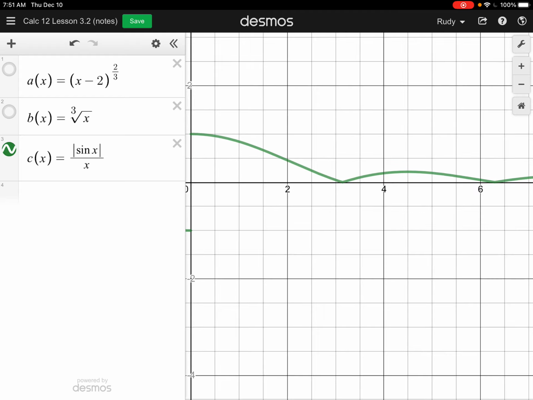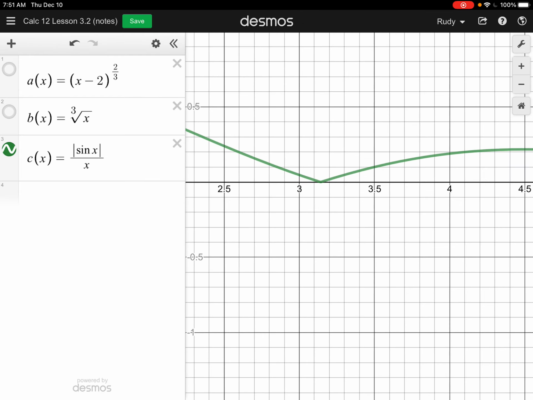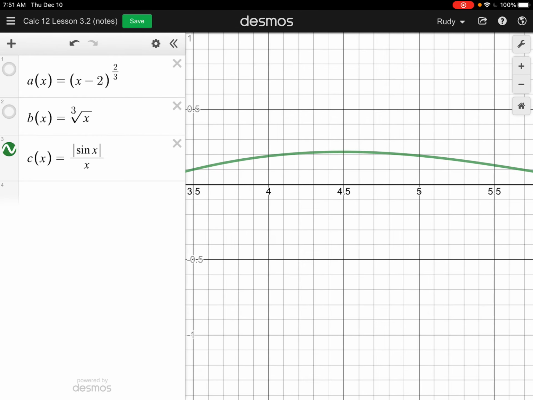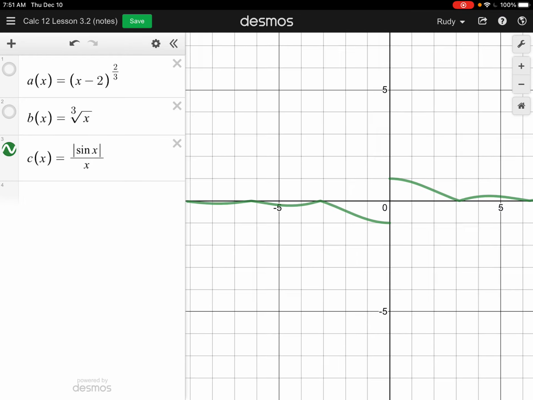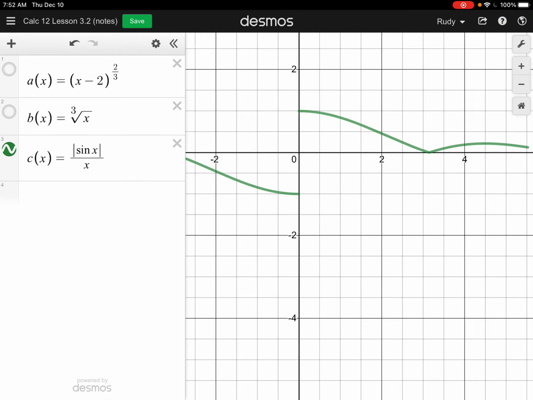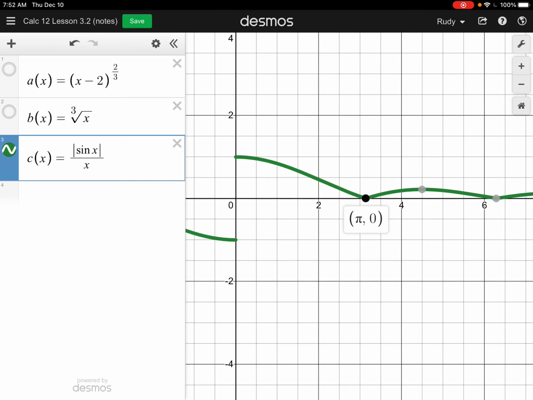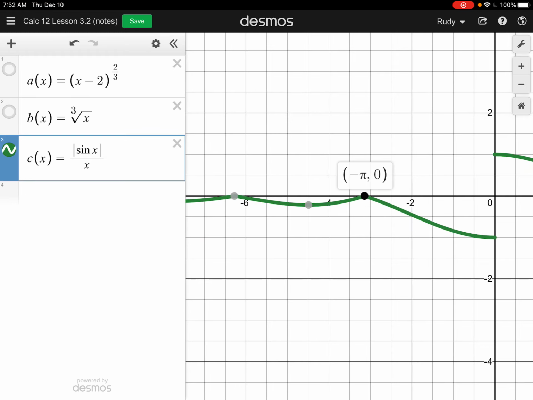However, we also have all these points here. For example, at pi, and at 2 pi, and at 3 pi, and any multiple of pi, it looks like it bounces. So it's not differentiable there. I can't draw a tangent line at pi, at 2 pi, at negative pi.